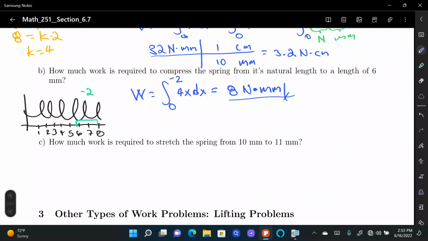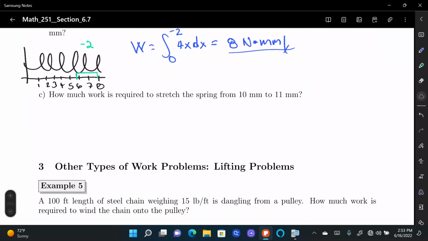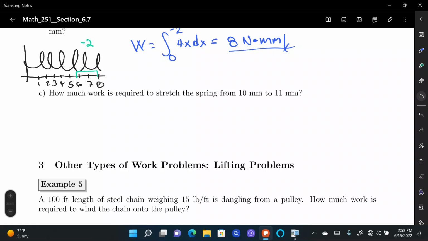In the other scenario, for letter C, how much work is required to stretch the spring from 10 millimeters to 11 millimeters? And in this case, be careful with the limits of integration.